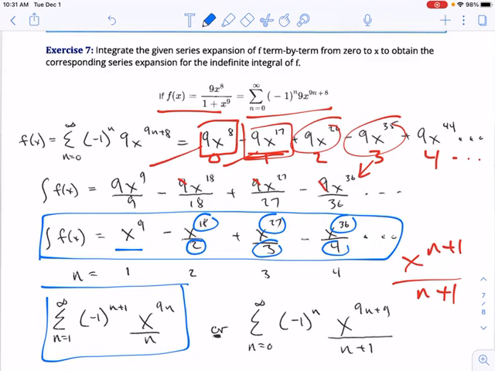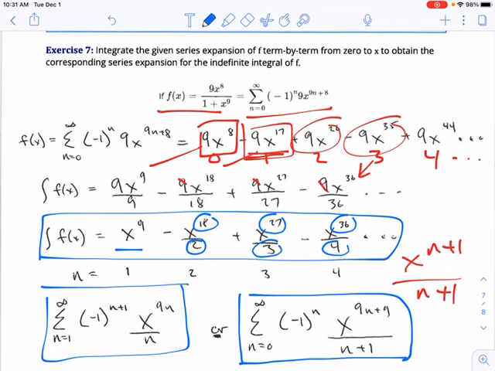Now, if I wanted to write that starting at n equals 0, we just have to figure out how to adjust the n's. So I'm going to leave that up to you. You could play with it, but here is what it would look like if we started it at n equals 0.